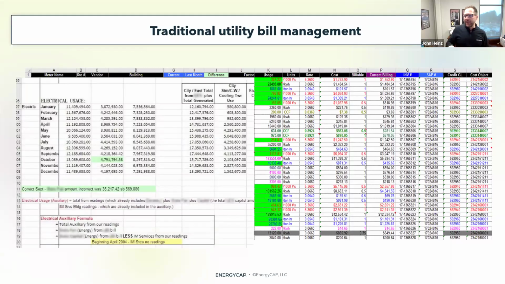Where I'm starting today is just talking about spreadsheets. For many organizations, spreadsheets are the foundation today of energy management and energy data tracking. Certainly understand that spreadsheets are free, for the most part. You might have Microsoft or Google licenses, but in general, they're very cheap or free to access and highly robust and flexible.